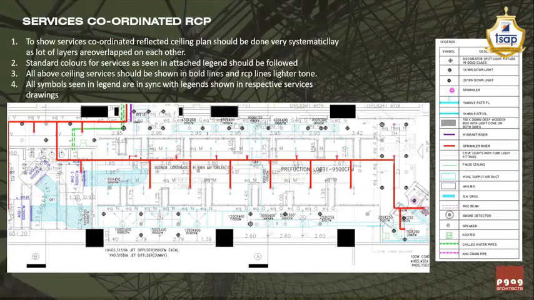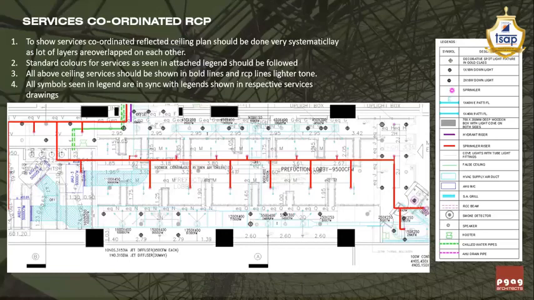You are the captain of the ship, and because of that you are going to give the line out, and you are going to check all the services line outs as well, and you are going to instruct all the services consultants. You will improvise and approve his final drawings, and only then will his drawings go to execution.